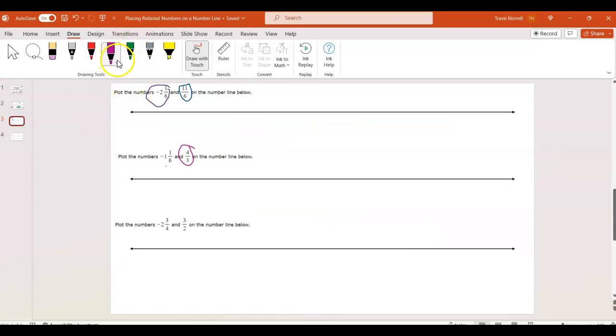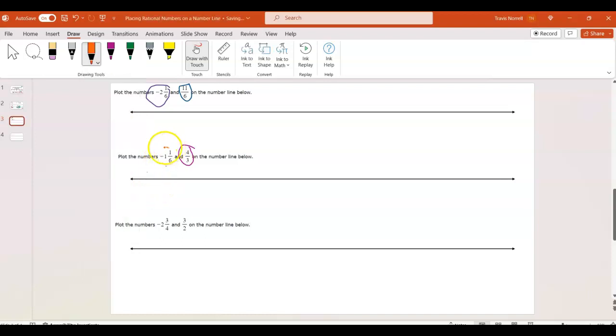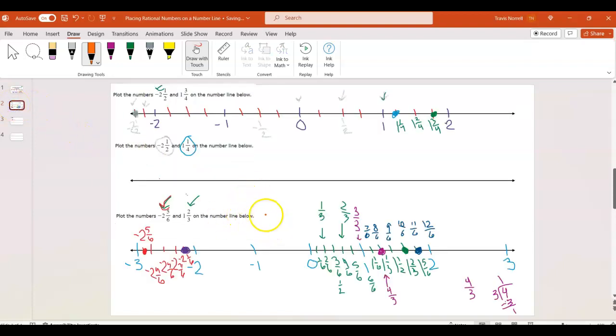Take a moment on this slide and see if you can find -1 and 1/6 on this number line here. Pause the video and see if you can find -1 and 1/6.